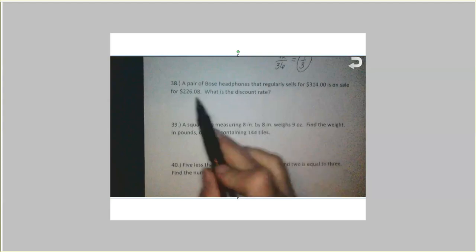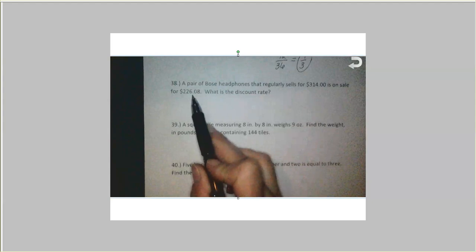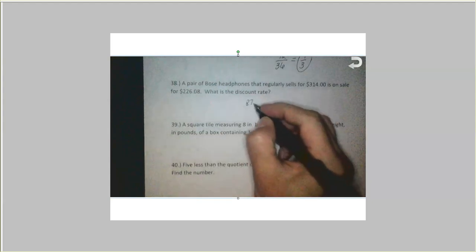So if I subtract 314 minus 226.08, I'm going to get a change of $87.92. That's the discount. That's how much it was decreased.